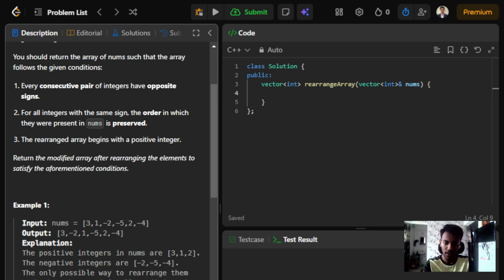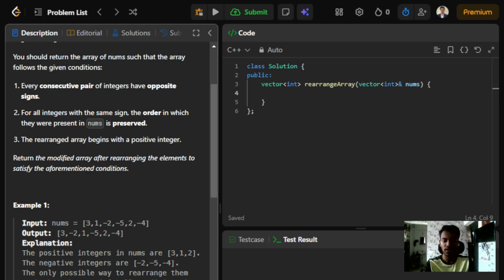Like 3 here comes after 1. So in the output 3 comes before 1. And minus 2 comes before 2, right? So in the output minus 2 will come before 2.